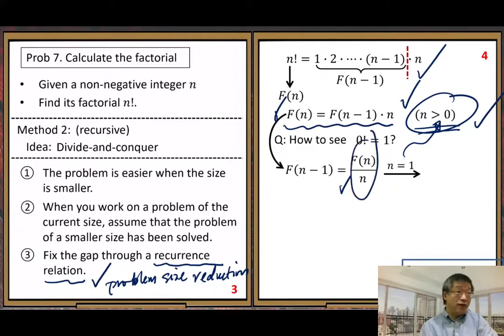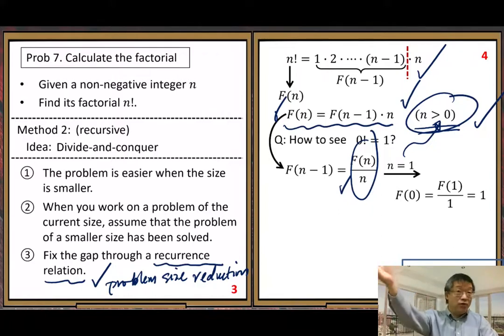So we cannot set n equals 0, but we can set n equals 1. After that, look at both sides of the new equation: f of 0 equals f of 1 over 1.